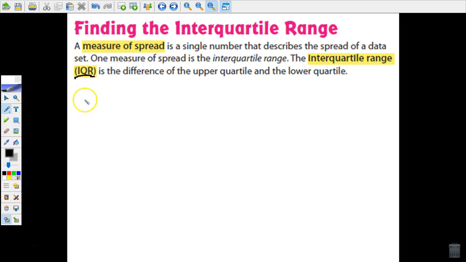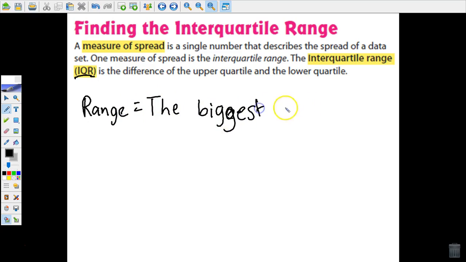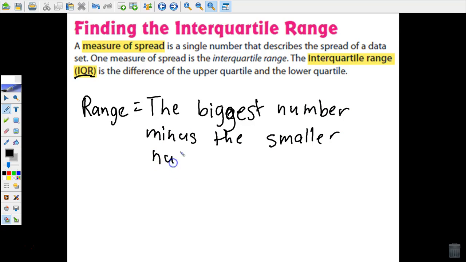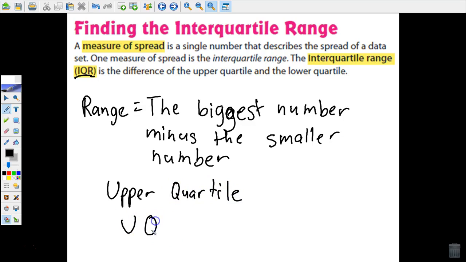So range equals the biggest number minus the smaller number. Now the interquartile range is just the upper quartile, UQ, minus the lower quartile.